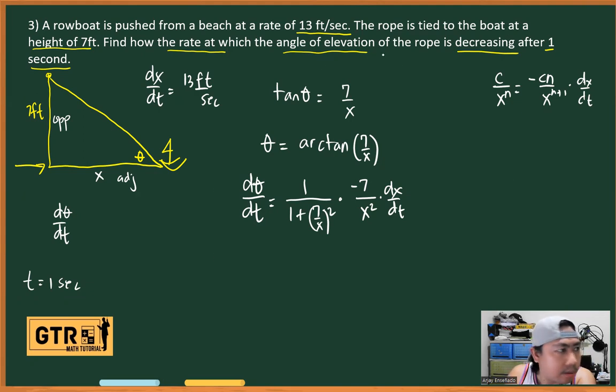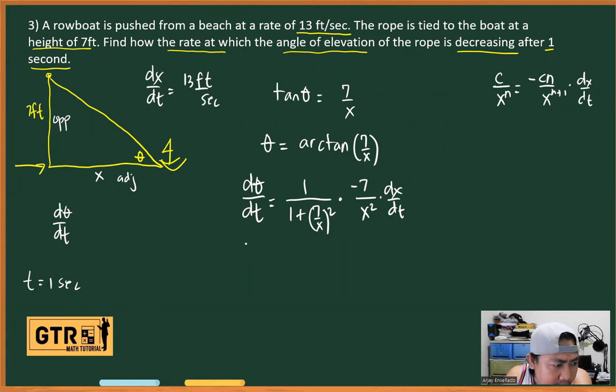The rope is tied to the boat. So we have 7 feet dito, no? So substitute lang natin yung mga values natin. I-solve natin. Wala pa tayong value ni x. May value tayo ni dx dt. Pero siyempre i-simplify muna natin ito kasi itong x squared makakancel lang ito eh. So apply muna natin dito.